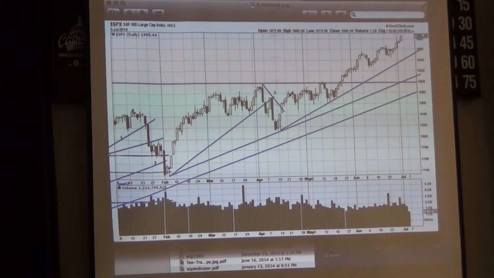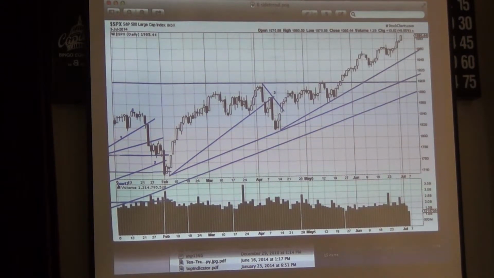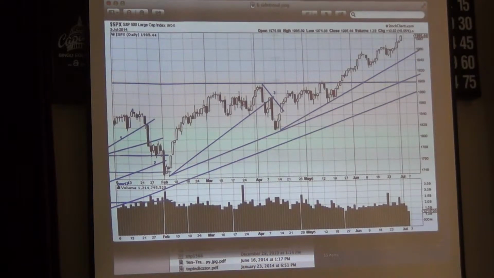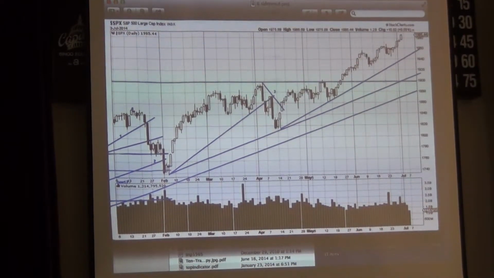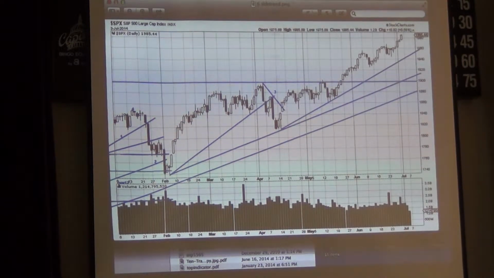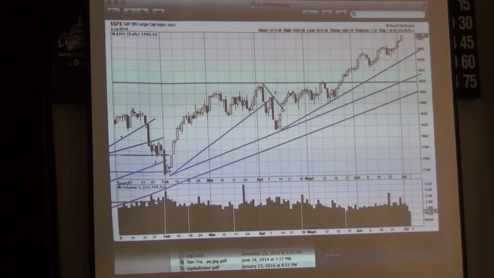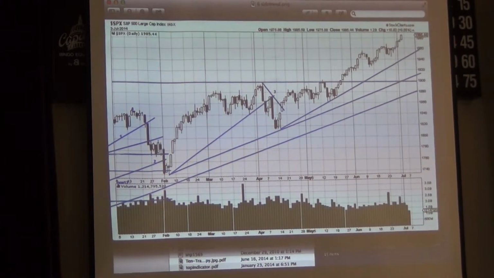You could buy straddles. At some point, there's a question of timing here. You can sell straddles for a while, but then as it lasts longer and longer, you have to get out of selling the straddles and buy straddles, because it's going to break out at some point.